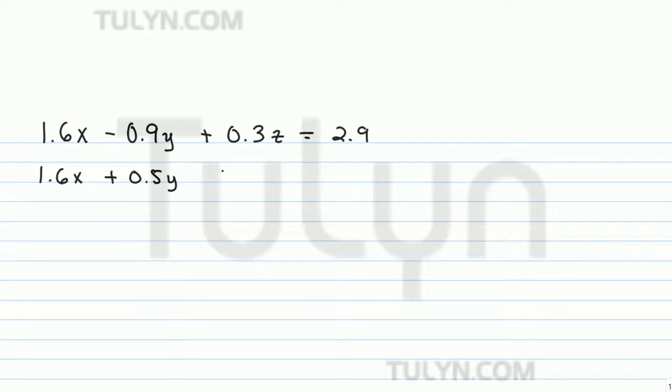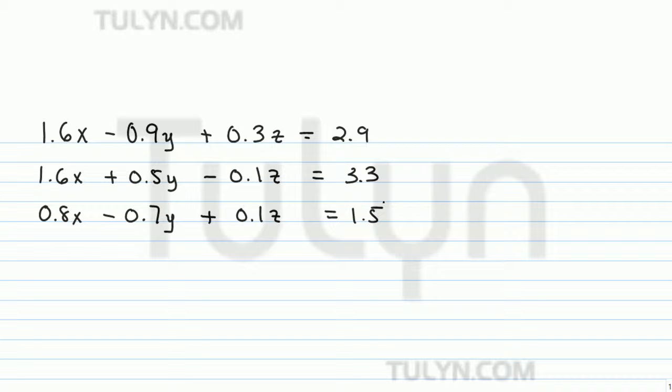For example, if I give you this system: 1.6x minus 0.9y plus 0.3z is equal to 2.9 as the first equation, then 1.6x plus 0.5y minus 0.1z is equal to 3.3 as the second equation, and then finally 0.8x minus 0.7y plus 0.1z is equal to 1.5.